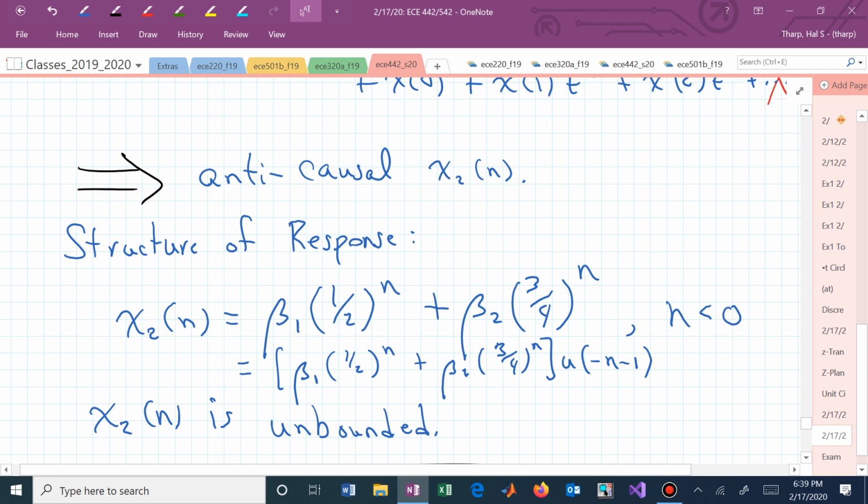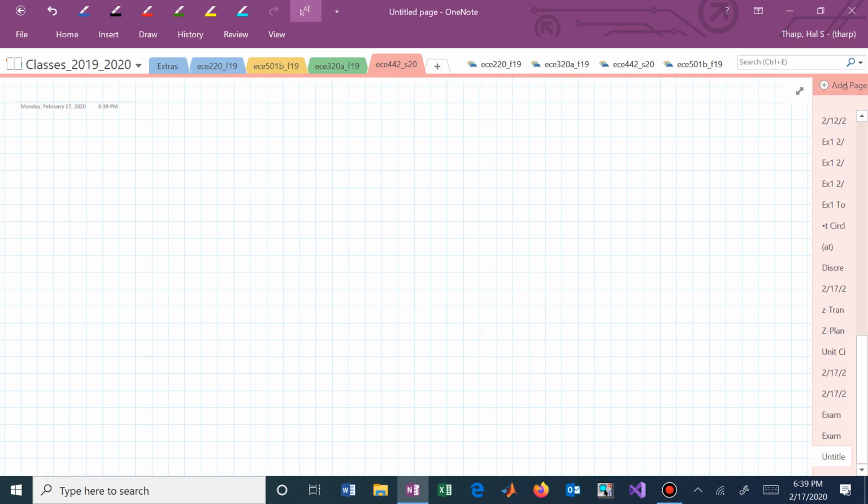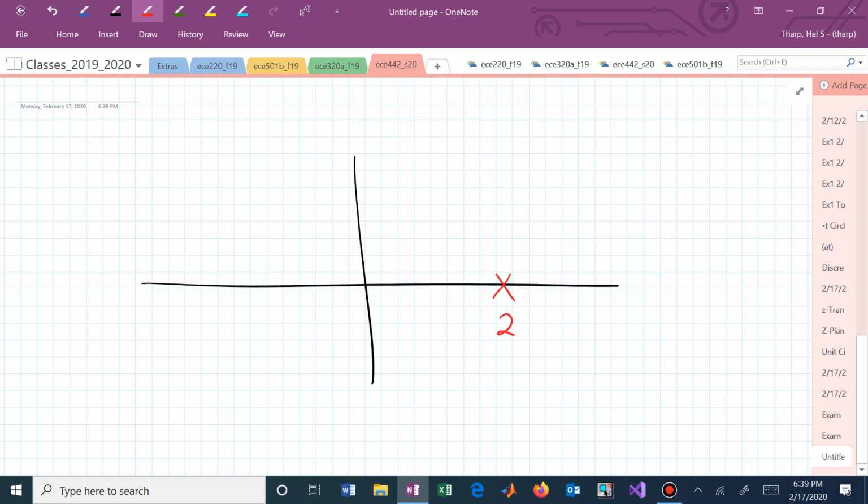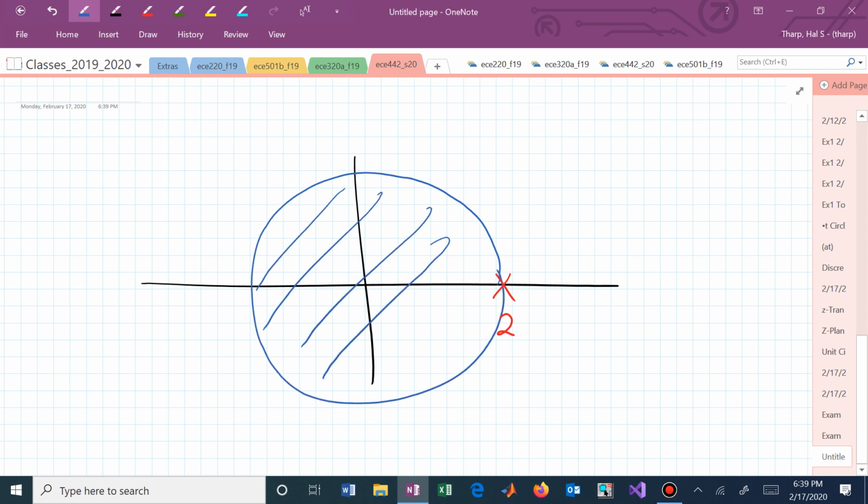Because my poles were less than 1. What if I had something, I want to add a page. Can I do that? Boy, it just magically appeared, and luckily I didn't show you the exam. Suppose now you had this, 2, and now your region of convergence is here. Is the region of convergence bounded?